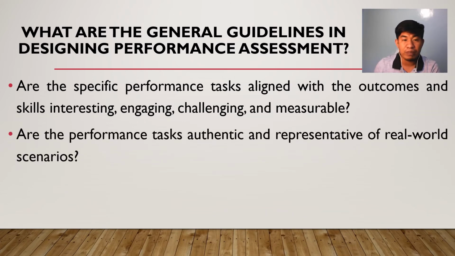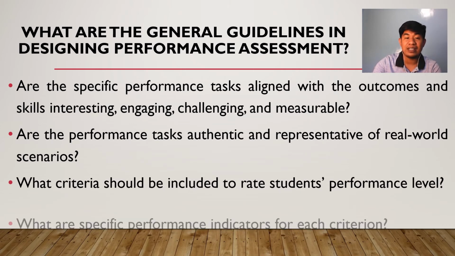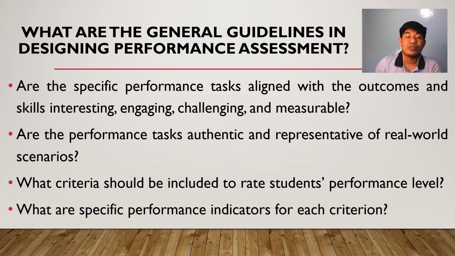Another question, are the performance tasks authentic and representative of real-world scenarios? Another, what criteria should be included to rate students' performance level? Last, what are specific performance indicators for each criterion?